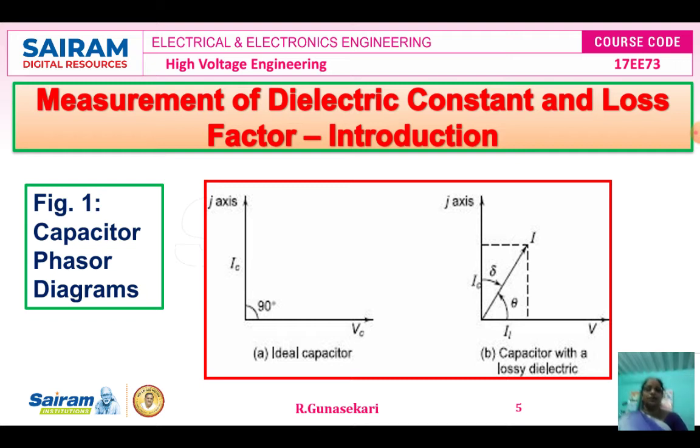So as per the theory, the total current I is the sum of the loss component of the current IL and the charging current IC. The angle between the total current I and charging current IC is delta, that is the loss angle or dissipation factor angle. The angle between the loss component of the current IL and the total current I is theta, that is the phase angle, and theta is the angle between V and I also.